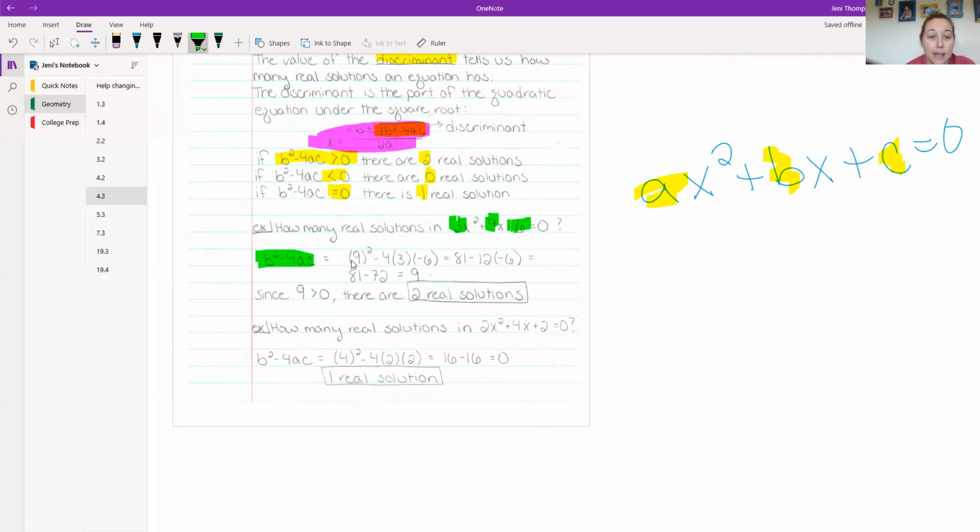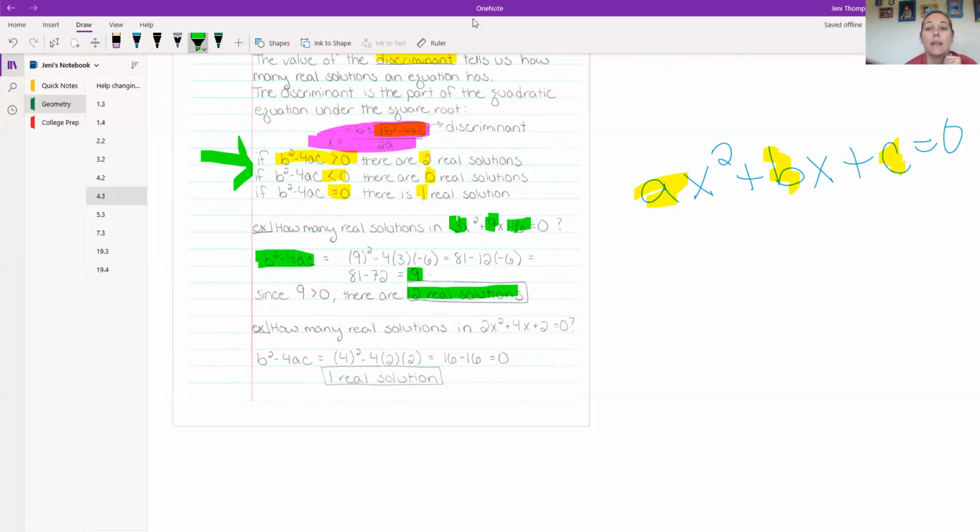So b is 9, so 9 squared minus 4 times a, which is 3, times c, which is negative 6. Okay, so negative 4 times 3 is negative 12, times negative 6 gives us negative 72, and 9 squared is 81. So 81 minus 72 is 9. 9 is greater than 0. So we've got 2 real solutions.